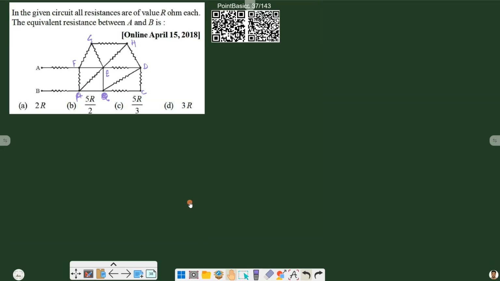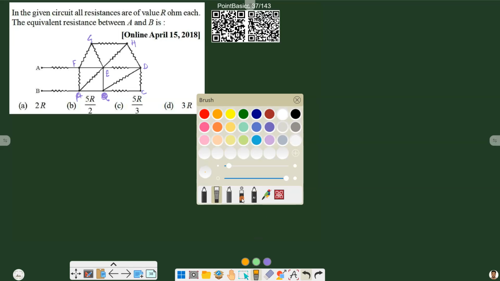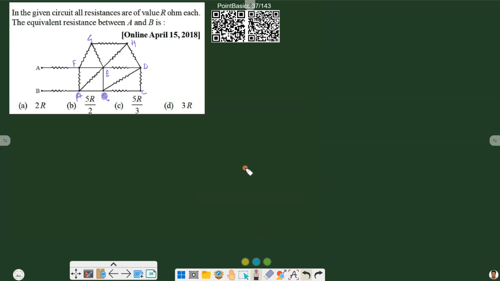So let's see now. If you look carefully here, at the connection between P, Q and E: between P and E, there is a resistance connected, but between P and Q, there is a single wire.